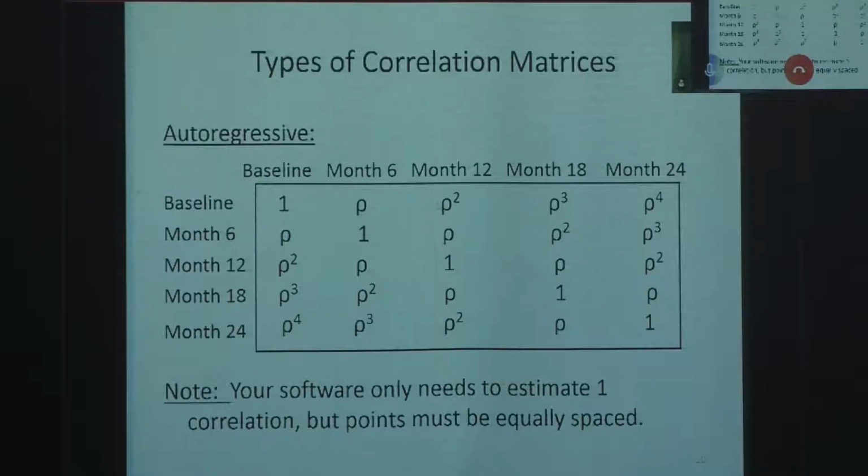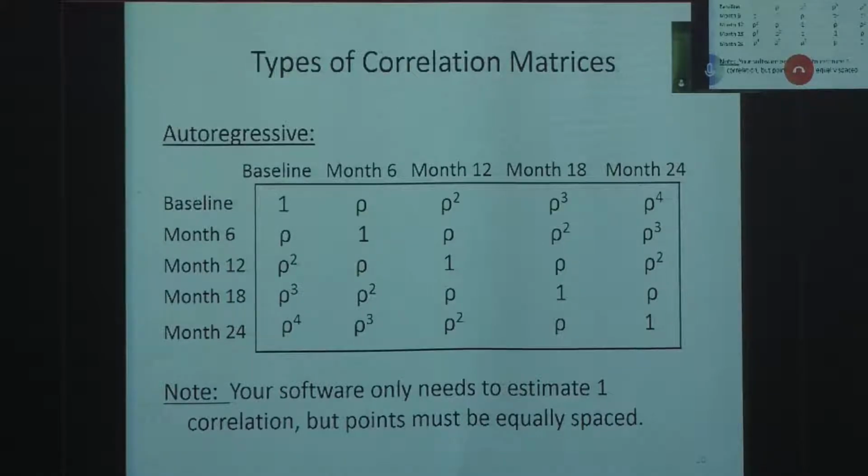And between baseline and 18 months, 0.5 cubed is 0.125. And between baseline and month 24 is 0.5 to the 4th power. This is saying that the correlation diminishes geometrically over time, which is not an unreasonable assumption.